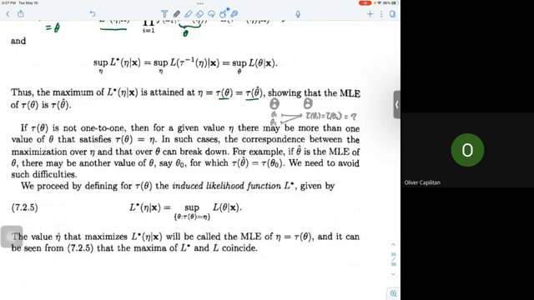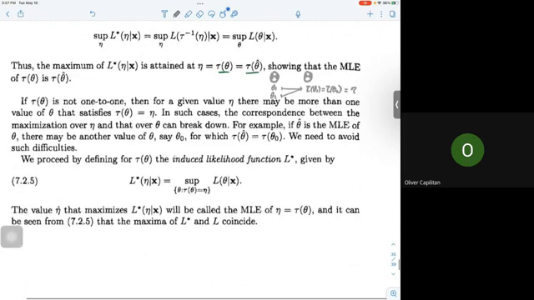So tau is not 1 to 1, and we proceed by defining for a function of our parameter theta an induced likelihood function. Still we use this likelihood function L star given by the likelihood function of eta given our sample.